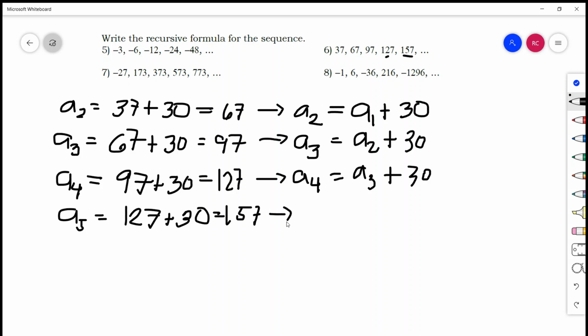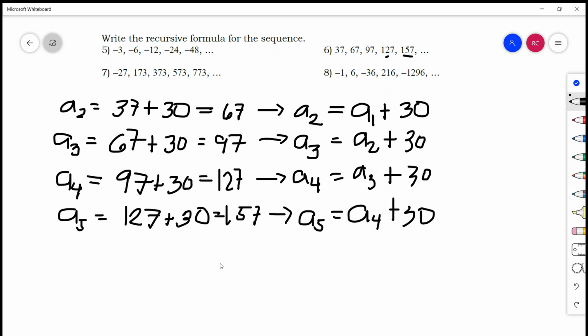Or we can say that the fifth term is equal to the fourth term plus 30. Okay? So, yung recursive formula is nagsasabi na makukuha natin ang nth term kapag meron tayong preceding term.